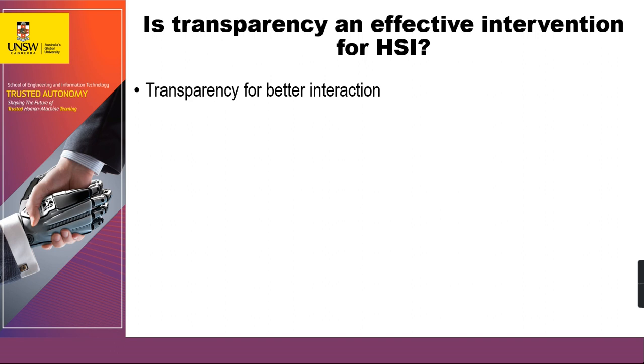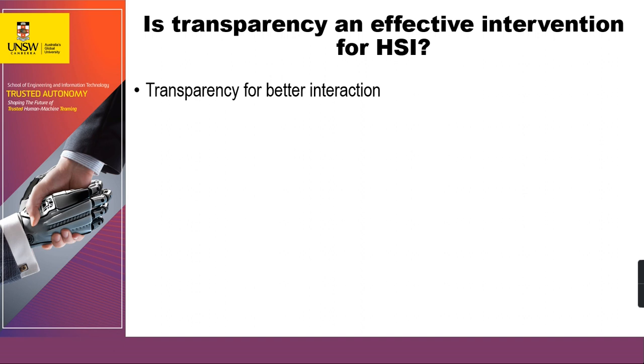Our work has been concerned with whether and how transparency can affect the quality of human-swarm interactions. Literature in the broader area of human-robot interaction and human-machine interaction found that transparency can be used to improve the interaction between a human and the machine.